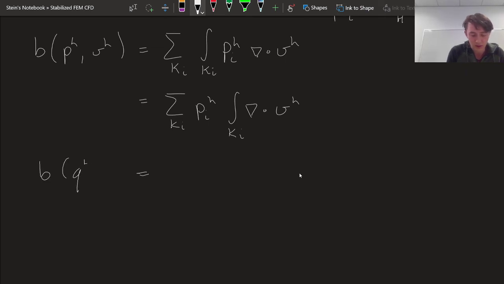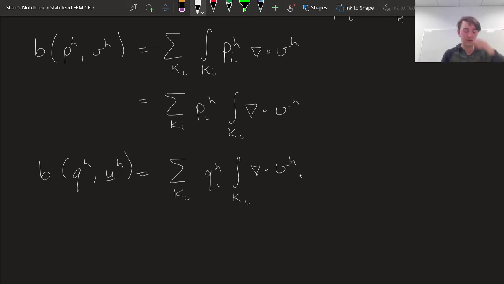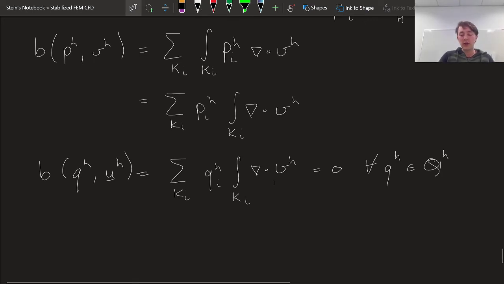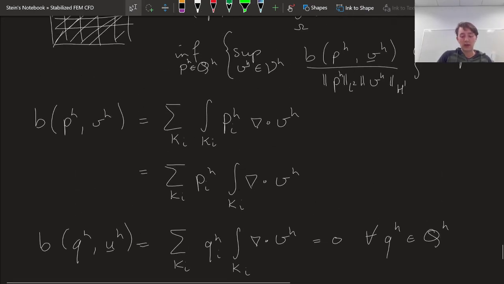So B(q, u) is going to be equal to the sum over all the elements of q times the integral over Ki of the divergence of v. And our constraint equation is saying that this has to be equal to 0 for all choices of q in our discrete space Qh.